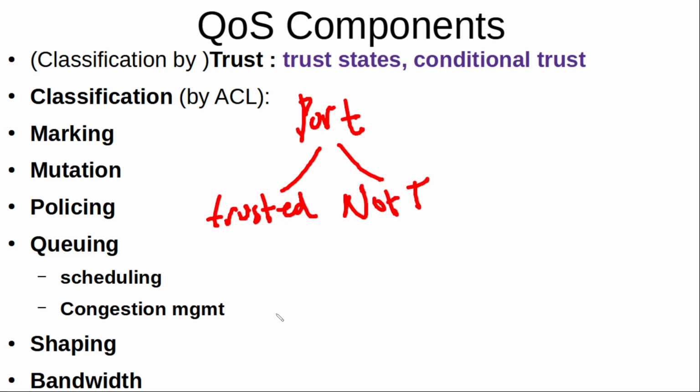In trusted state, the marking that exists in these trusted ports will be passed through. And when a port is in a not trusted state, then that traffic will be subjected to remarking or mutation. So just remember that.